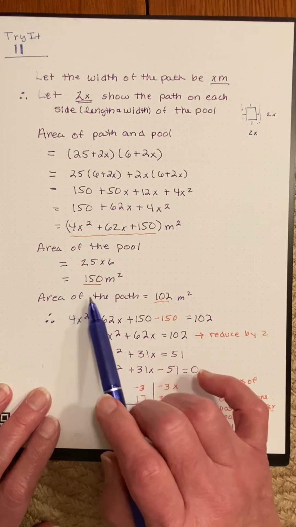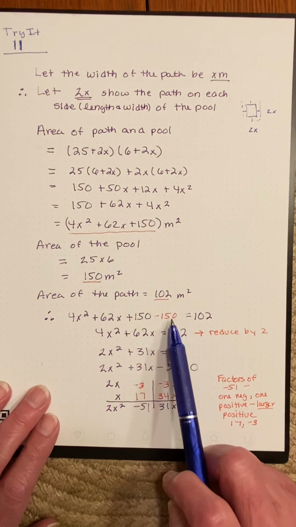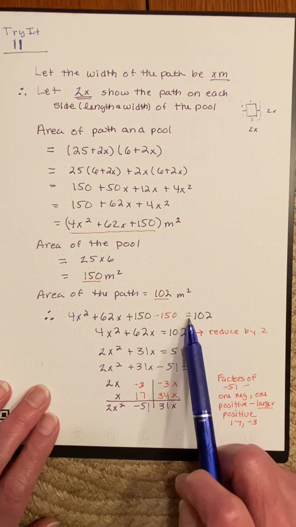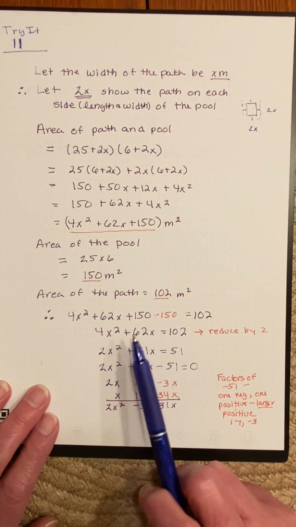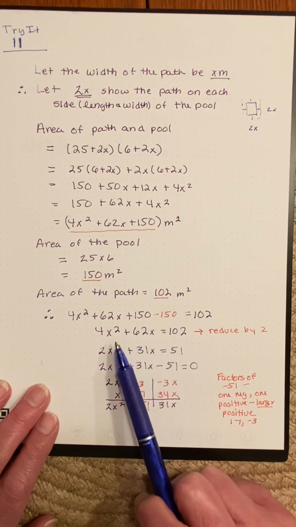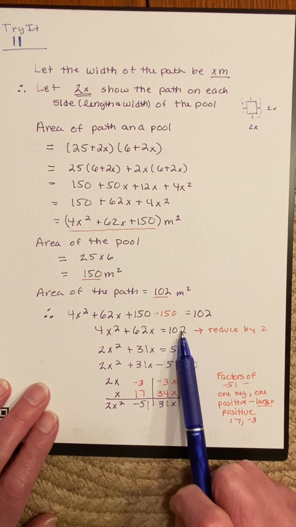We just want to get down to the area of the path. So I have this whole quadratic equation minus the area of the pool equals the area of the path, which is 102. So basically that eliminates the 150, so I'm left with 4X squared plus 62X equals 102.